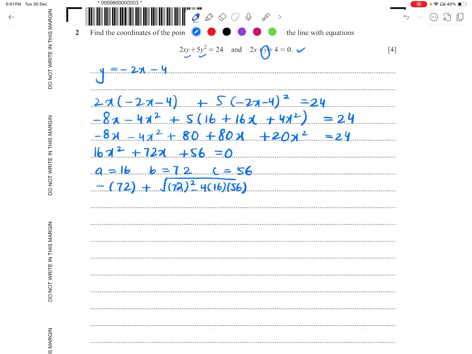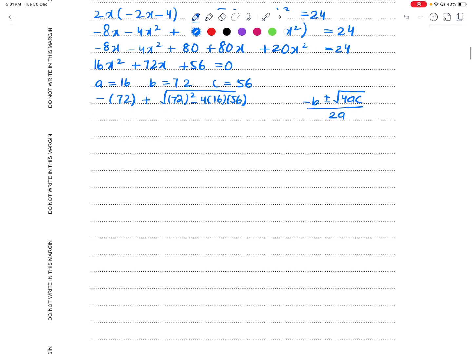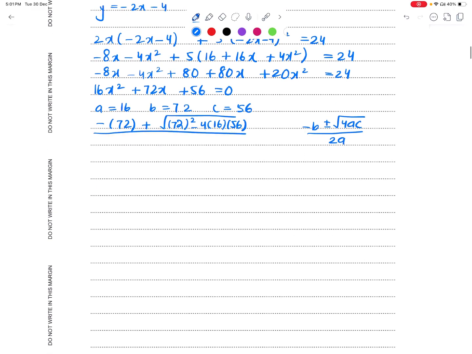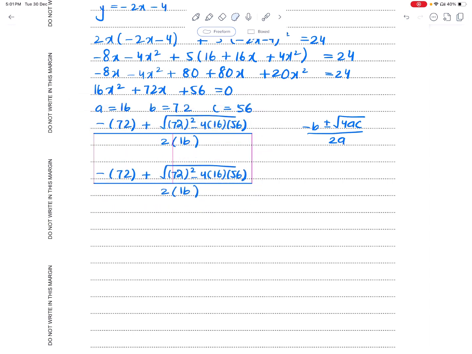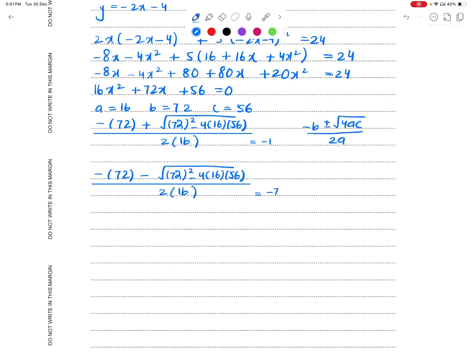In case you're wondering, I've used this formula over here. Divided by 2 into A. And you know that this is supposed to be having two answers. The other one has a negative sign. Now this gives you the value of x as -1, and this gives you the value of x as -7/2.